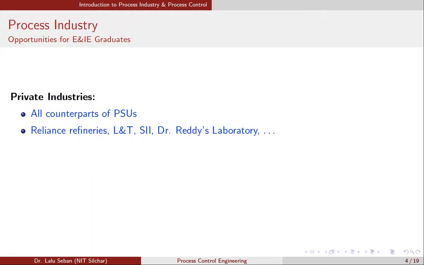Now, when we look into the private industries, we have discussed many PSUs. When they recruit process engineers in their operations, definitely the private industry counterparts of those PSUs will require E&I students for the process industries.